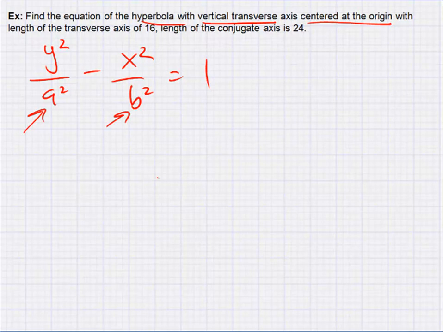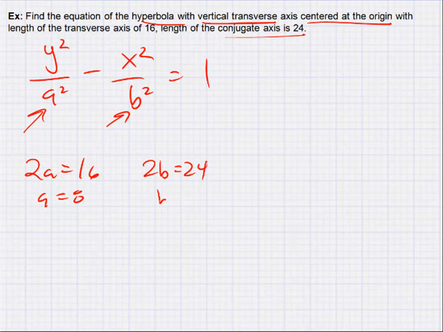So the length of the transverse is 16, so that tells me that 2a equals 16, so a equals 8. And the length of the conjugate is 24. Well, that's 2b. 2b equals 24, so that tells me b equals 12.